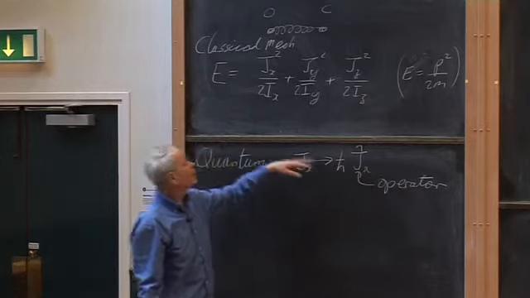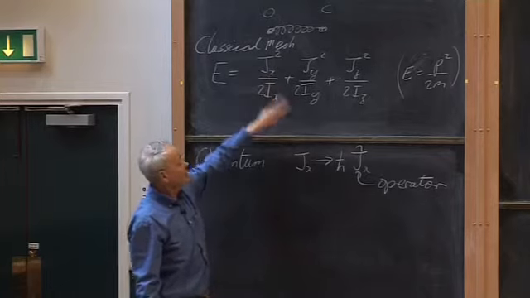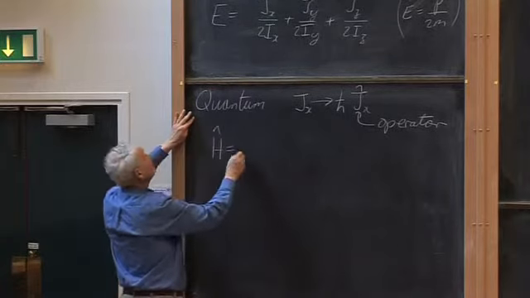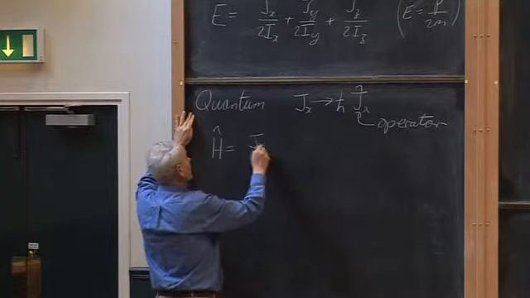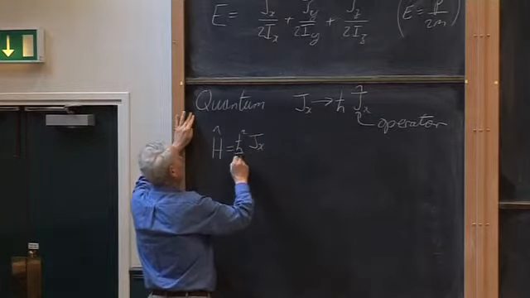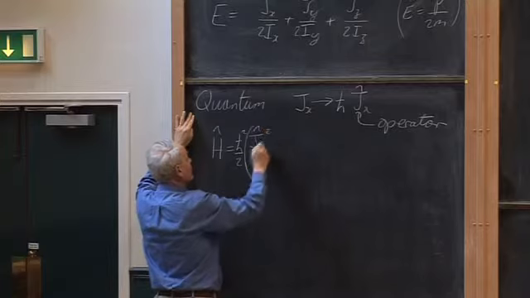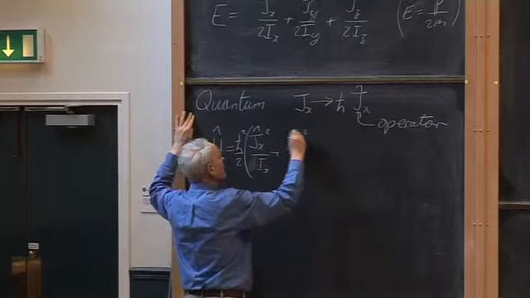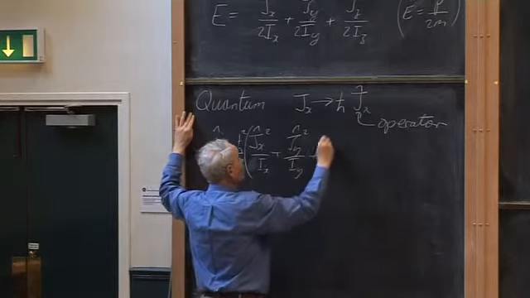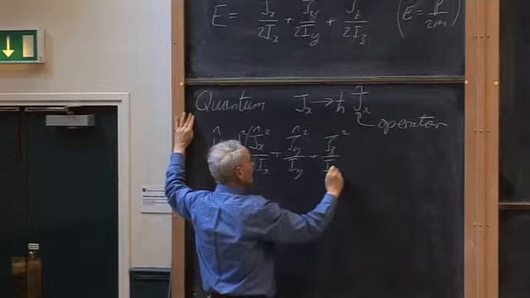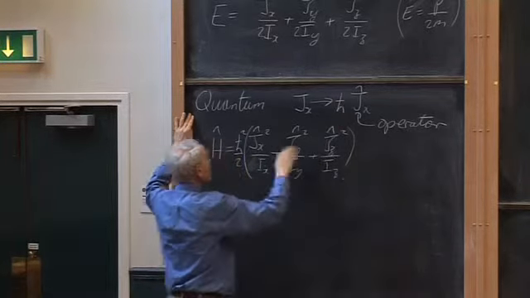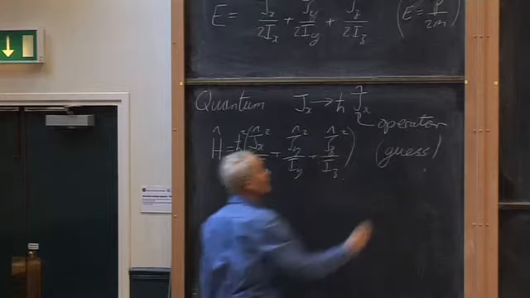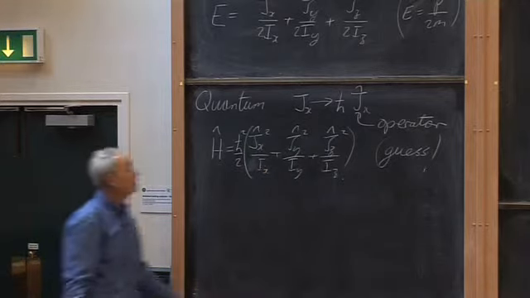So we take this classical expression and turn it into h bar times the quantum mechanical operator, etc. And then we guess that the Hamiltonian should be h bar squared over 2 times Jx squared over Ix, plus Jy squared over Iy, plus Jz squared over Iz. So these are operators now. You should think of this as a guess. It'll be confirmed by experiments to be shown soon.